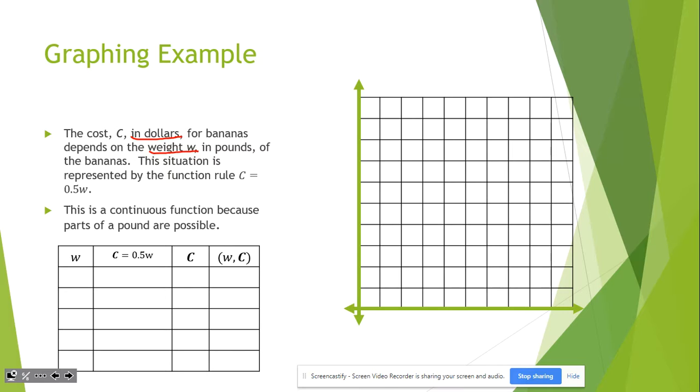What's interesting about this function is that if we're talking about dollars and weight, they have to be positive values. So notice that I've decided to use just the upper right quadrant of my graph. We call this a quadrant graph. And the reason I'm going to do that is because I'm only using positive numbers, as you can see in what I'm putting in my chart. Now pause the video at this point to give yourself a chance to complete the example on your own.